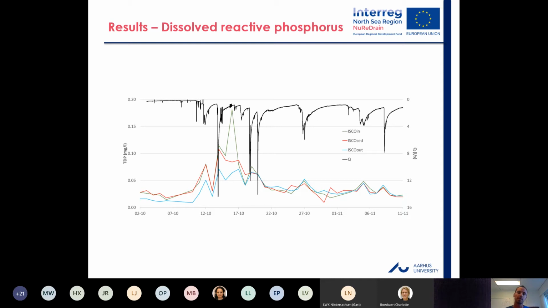Also here a breaking point can be identified around the 18th of October, and after that time there is almost no effect in DRP removal.